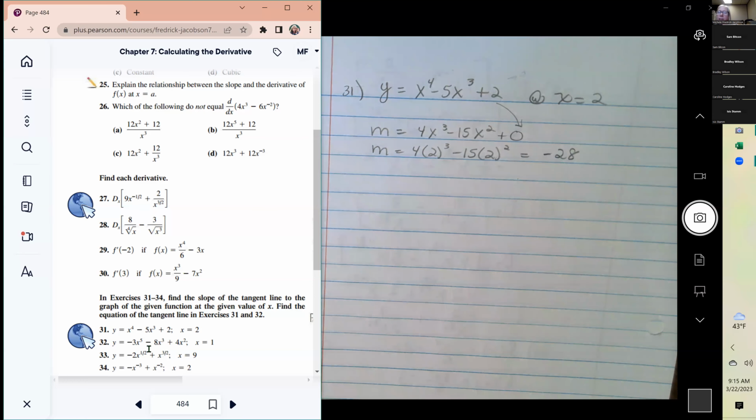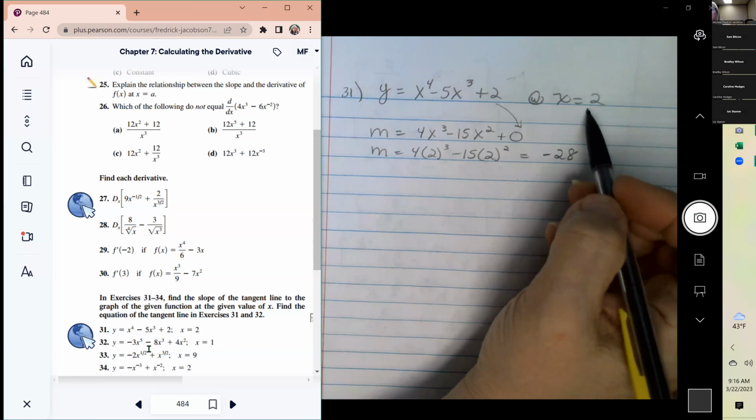Getting a negative 28. 4 times 8 minus 15 times 4. Yep. So this is the slope.